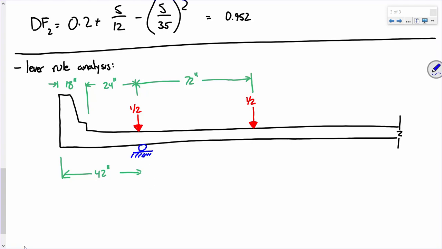So ultimately, maybe I should draw it like this. Ultimately, what we're after is this reaction. That's what we're after, right? Now, how far is it to the next girder? 120 inches? So, something about like this. Let's see how good I am with my art skills.